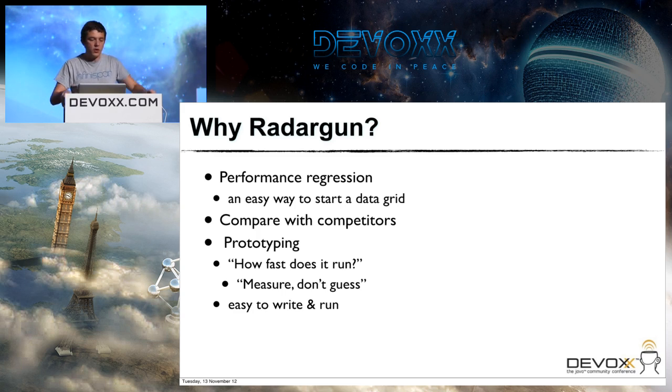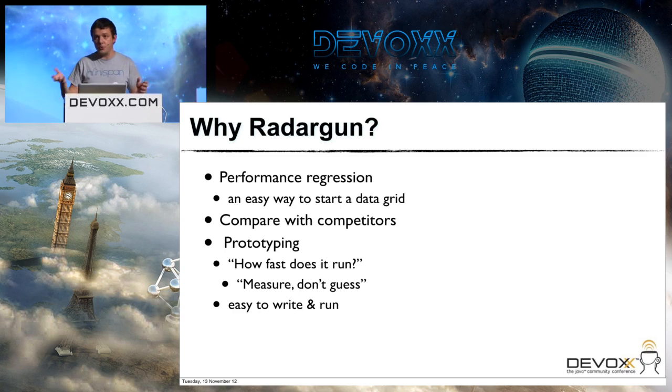And I think one of the most important reasons for having Radargun is the fact that I'm constantly asked, as an Infinispan developer, how fast Infinispan runs, and that's not really a question I can answer. So the honest answer is, why don't you try it yourself, see if it fits your use case, analyze the results, and perhaps compare it with some other similar products.